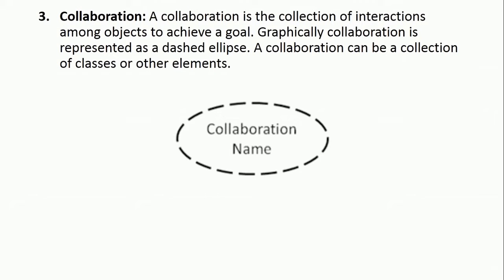So collaboration name, in collaboration it is represented as a dashed ellipse. For example, there is a doctor and there is a patient and they are connected through some connector, and the collaboration name is visit.